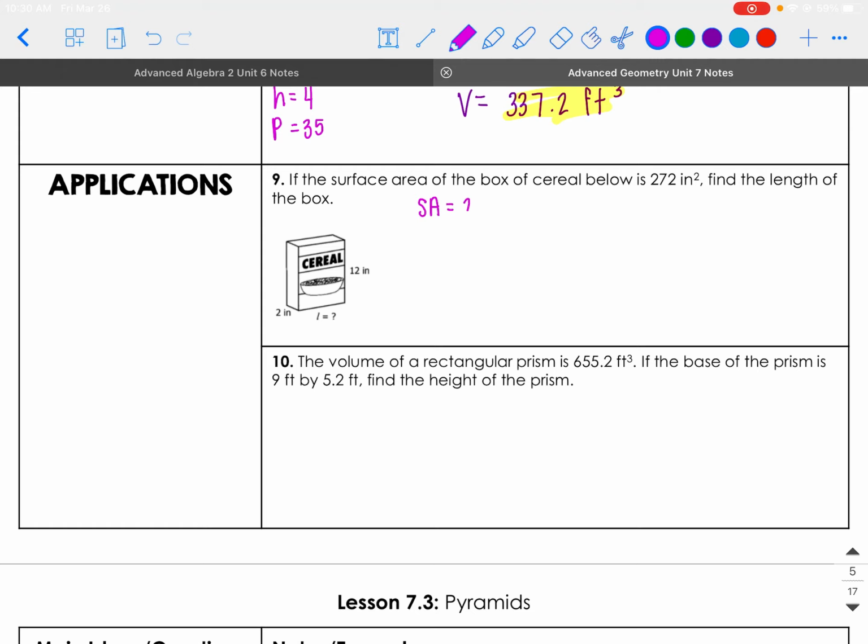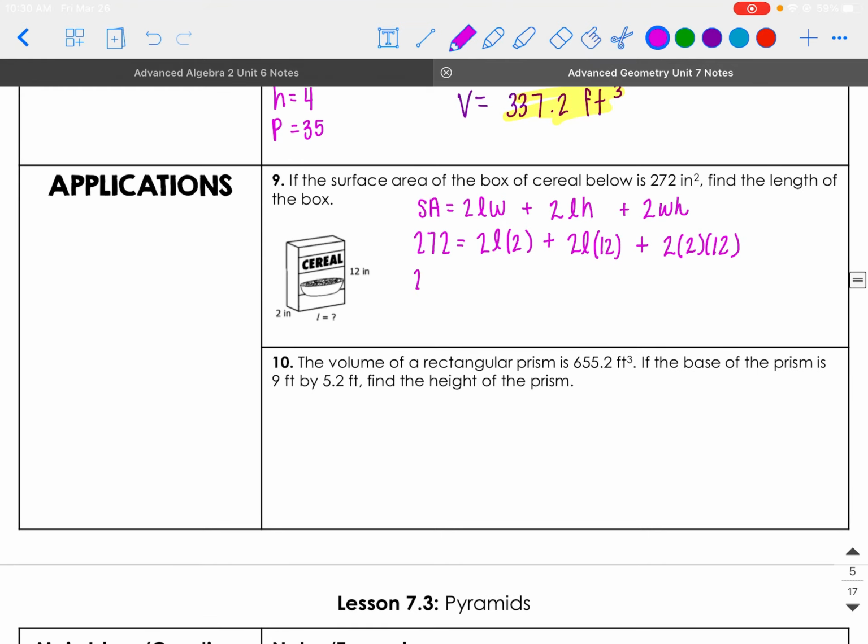So just a reminder, surface area is 2LW plus 2LH plus 2WH. So I'm going to fill in 272 equals 2L times 2 plus 2L times 12 plus 2 times 2 times 12.